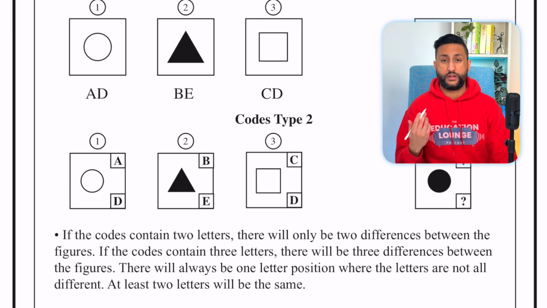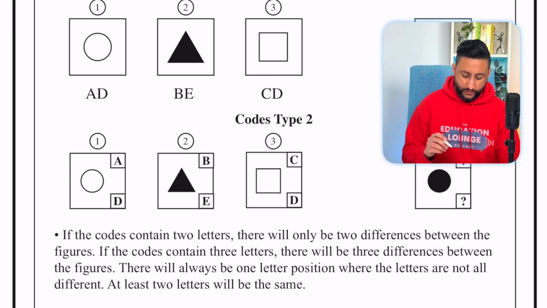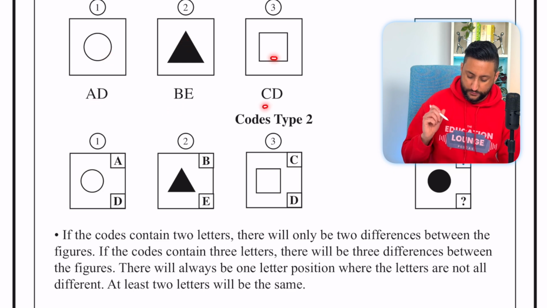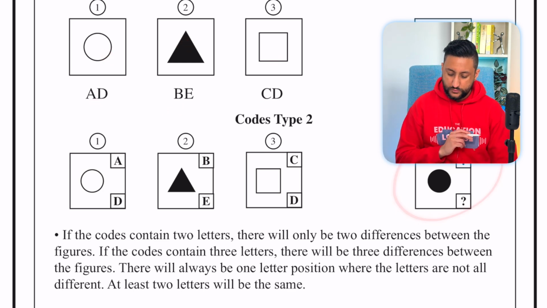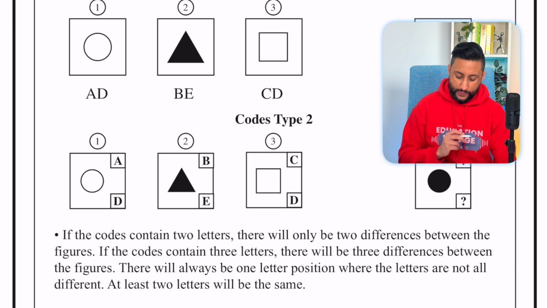So we've got to see what is different about all 3 of these shapes. We've done the fill, so the only other difference is the actual number of sides or the shape itself. So we're going to say A means circle, B means triangle, C means square. Our code shape, or our question shape, is a black circle. So let's take one change at a time.